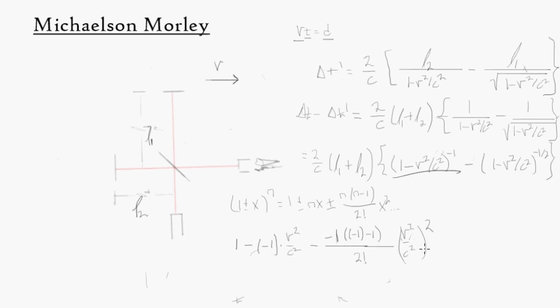So this is the main point, though, right here. The velocity of the Earth around the sun is 3 times 10 to the 4 meters per second. The speed of light is 3 times 10 to the 8th. So light is much, much faster than our velocity here. And so this number, v over c, this ratio here, is a very small ratio.